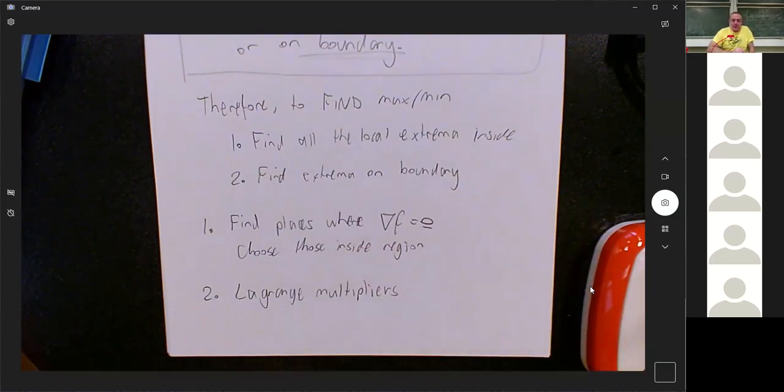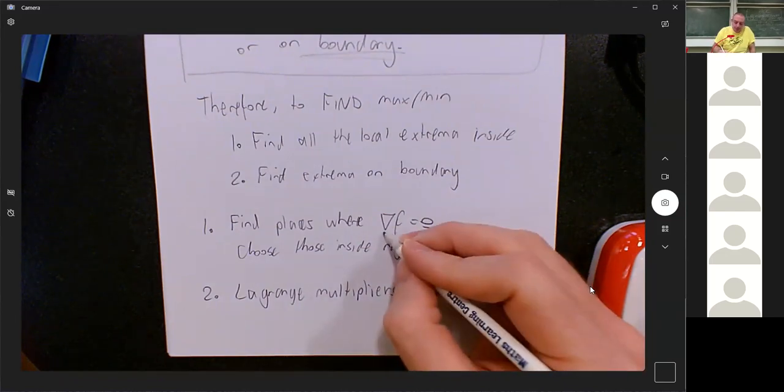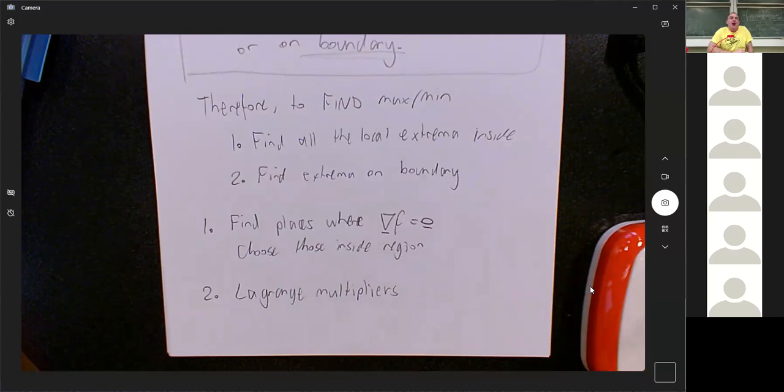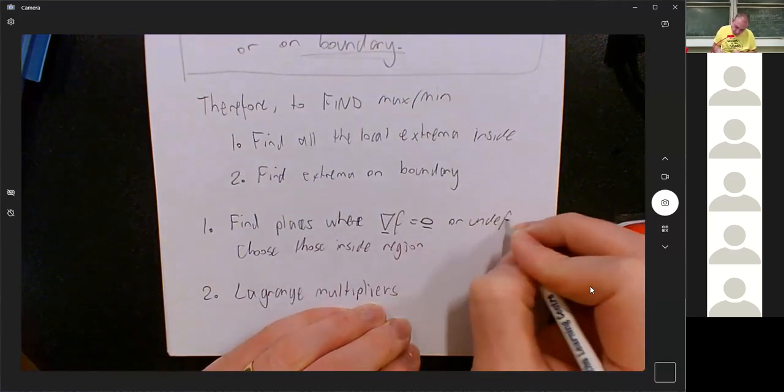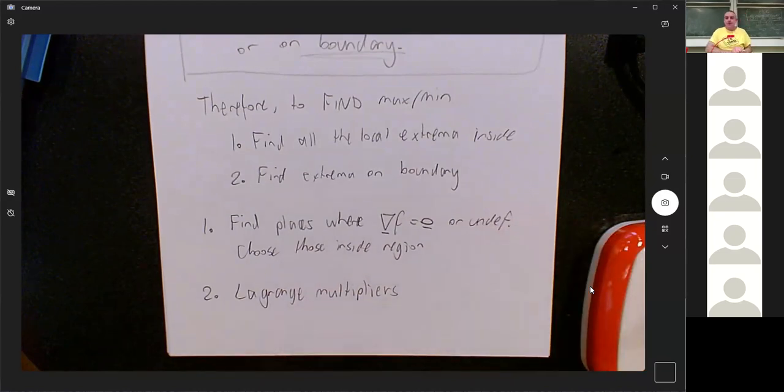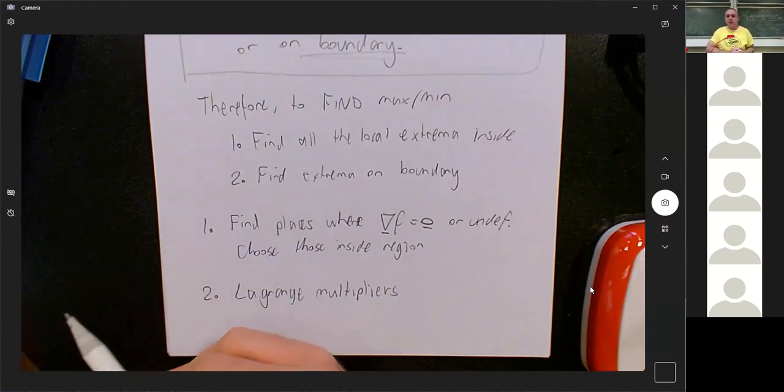But f itself produces a number as the answer, so it's not underlined. Sure. Why not? Well, that makes sense. In one-dimensional calculus, if the derivative is undefined, that's also a place where the maximums or minimums can occur, like with the absolute value function, it's got that kink at the bottom. Thank you.